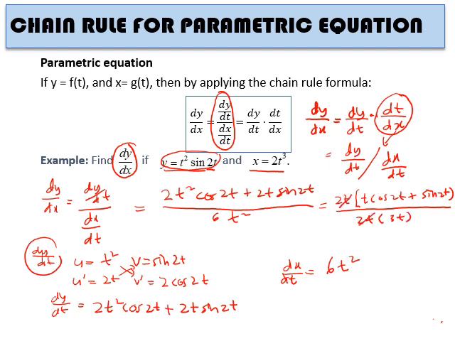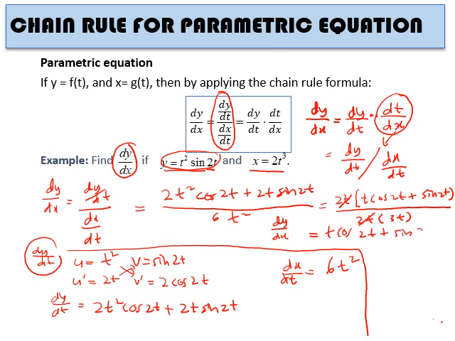So cancel this, and the final answer will be dy over dx is equal to t cos 2t plus sine 2t over 3t. That's it. So that is how you solve for dy over dx for a parametric equation.